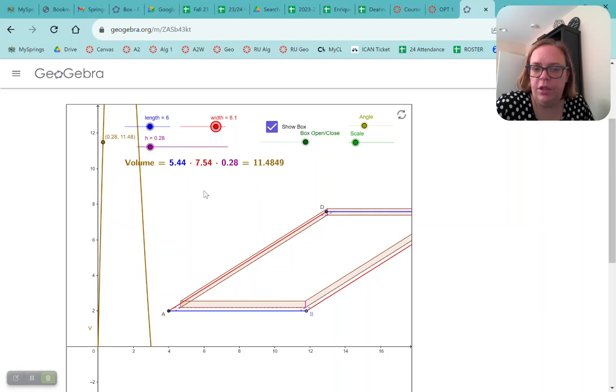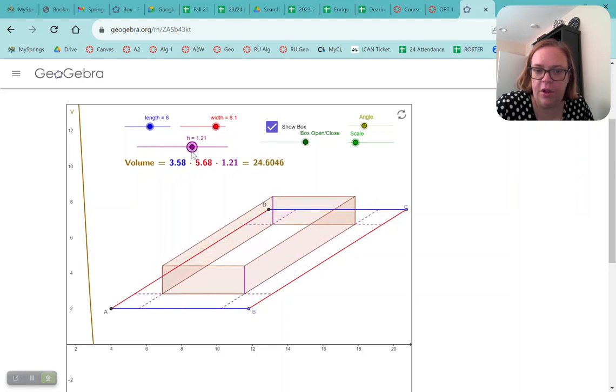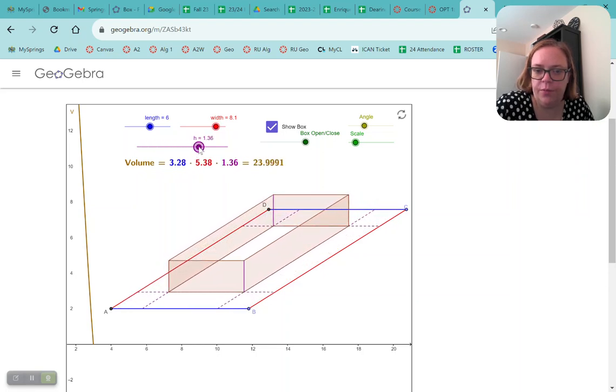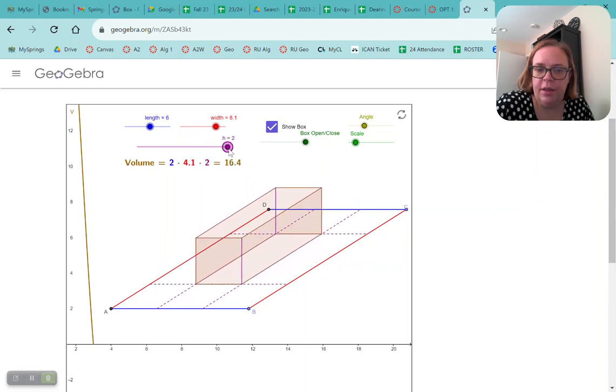Close enough. So you can see when the H is tiny little squares, you get a very shallow box. The volume's not going to be very big. And then it's going to get bigger. The volume's changing. Then it starts to go down because your box is not very big anymore.